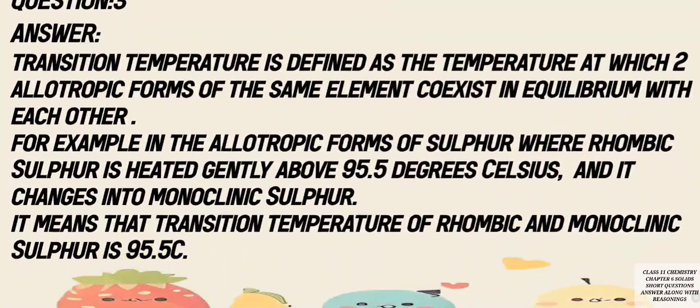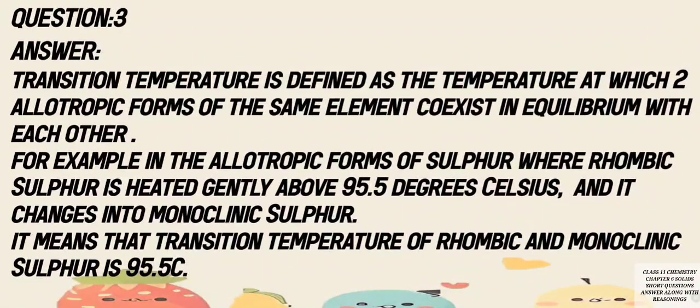Now we have question number 3, which is: what is transition temperature? Explain with example. So first of all you are going to write the definition of the transition temperature: transition temperature is a temperature at which both allotropic forms of the same element coexist in equilibrium.